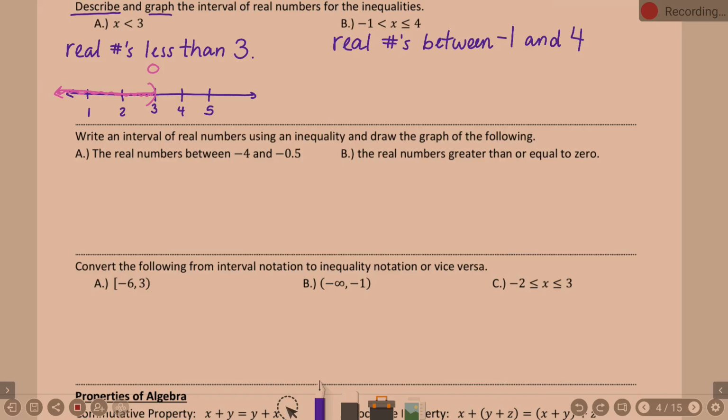Because I feel like you're just translating it into words, or you're reading it. I'm looking for a little bit more of a description. So real numbers between -1 and 4, we're going to say excluding -1 and including 4.